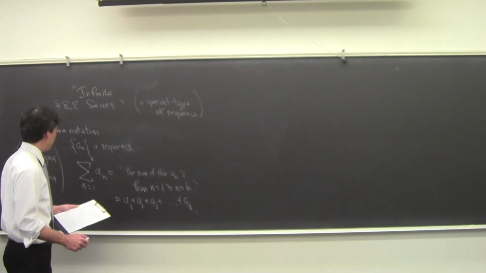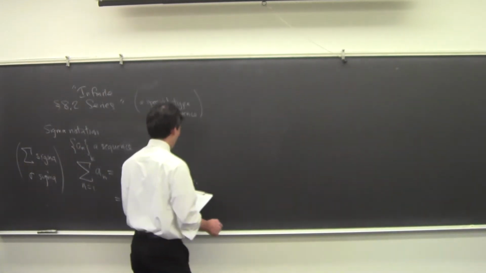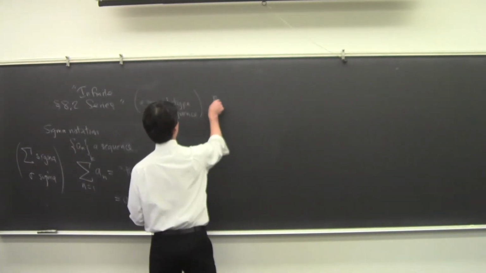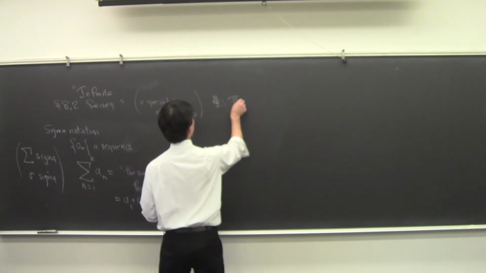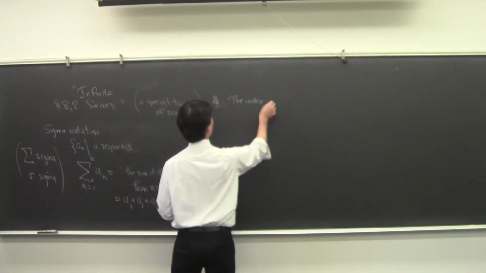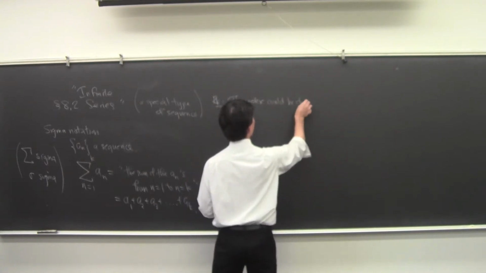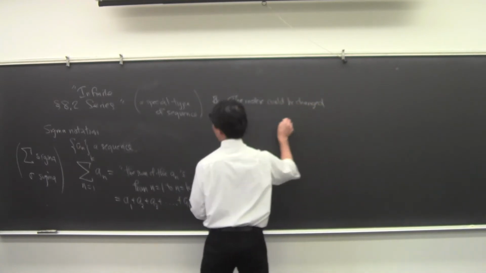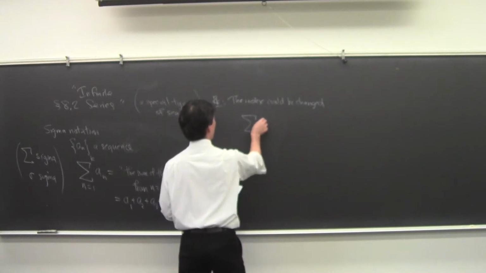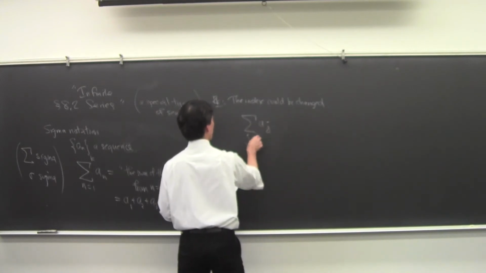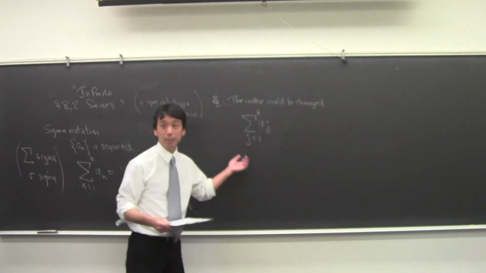Notice that the index can be changed. We could write the summation of a sub j from j equals 1 to k, and that would be the same thing.